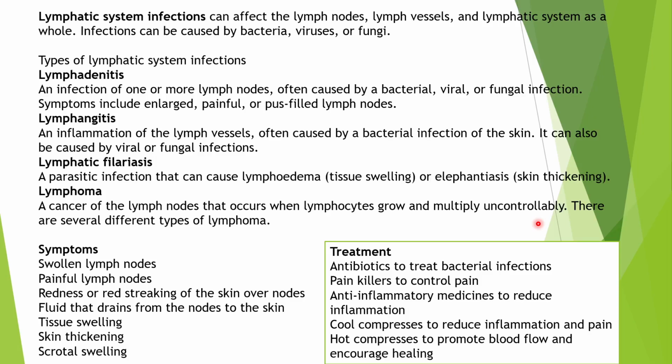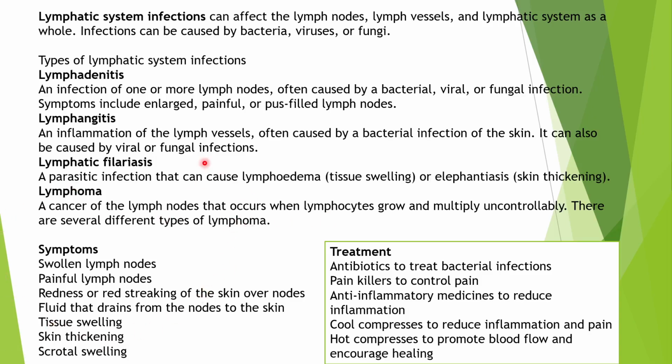If this regulatory mechanism is somehow not functioning properly in a balanced way, then it can lead to uncontrolled growth or proliferation of your lymphocytes, and this is called cancer of your lymph nodes. That is nothing but lymphoma.